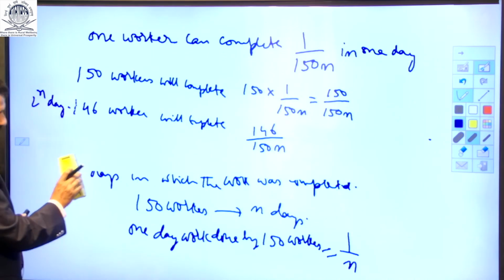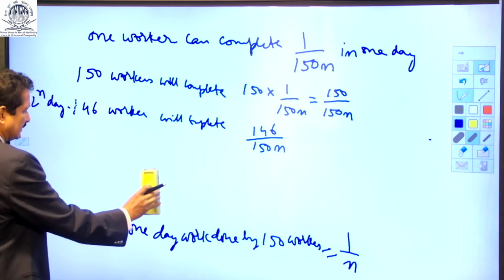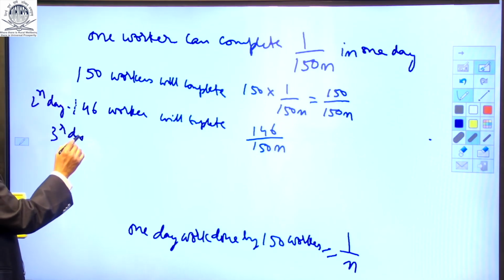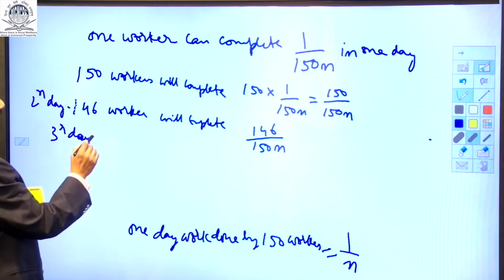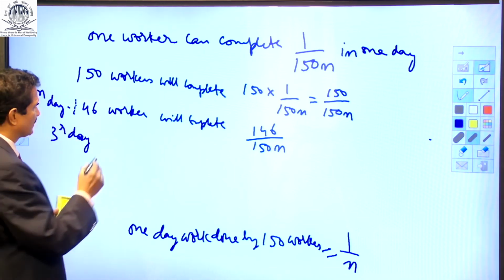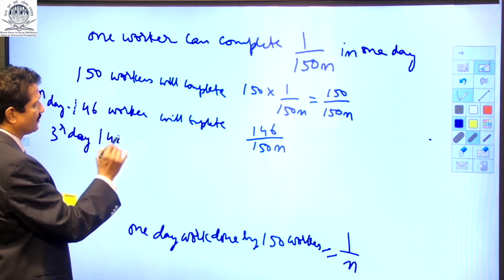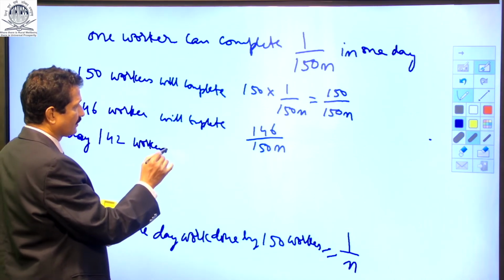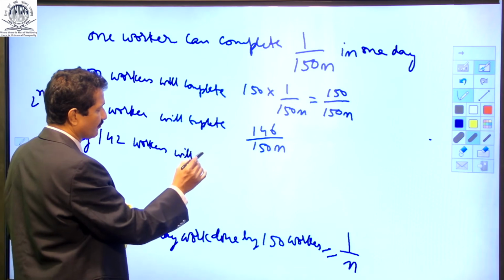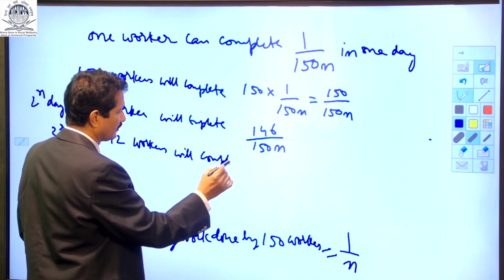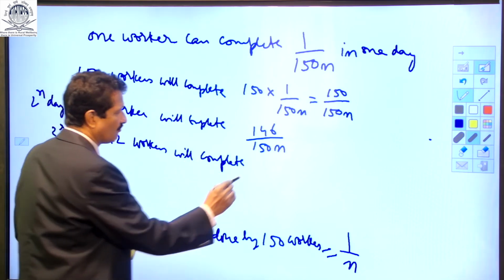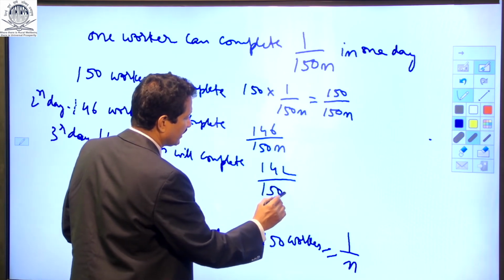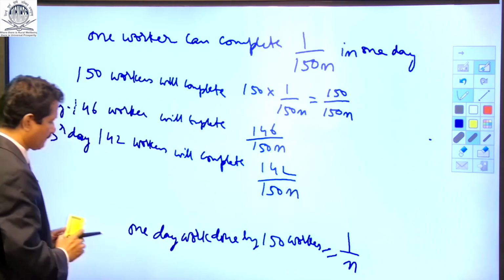On the third day, again 4 workers drop out. We have only 142 workers, and they will complete 142 by 150n of work.